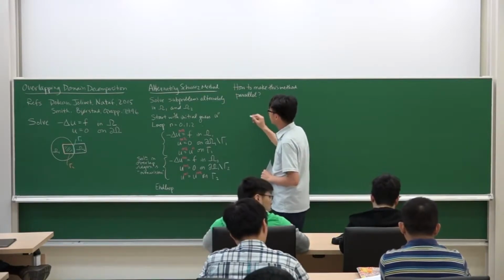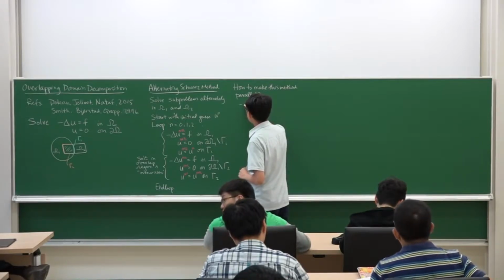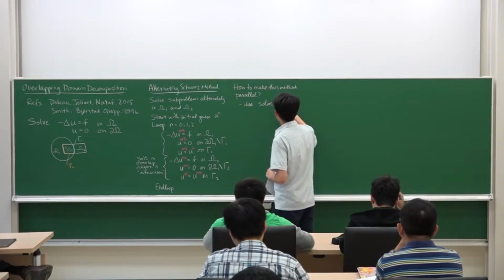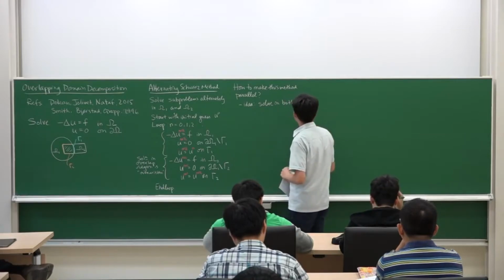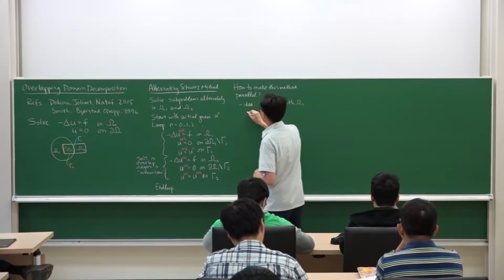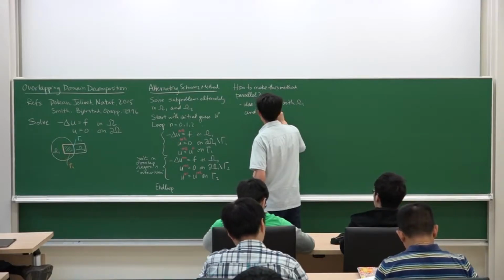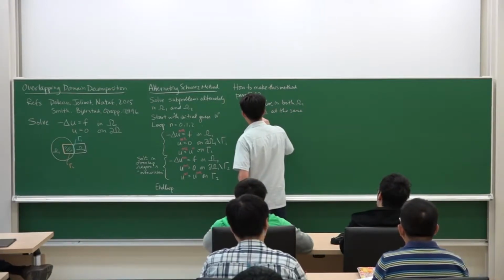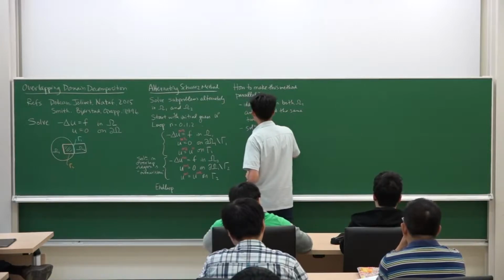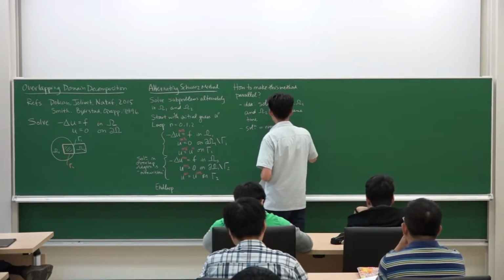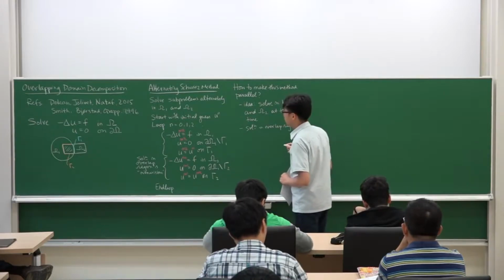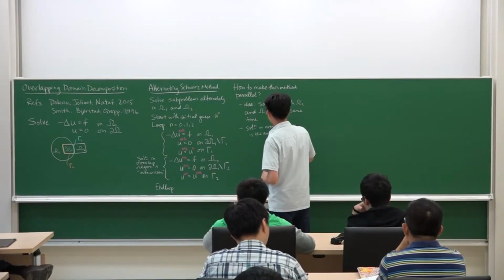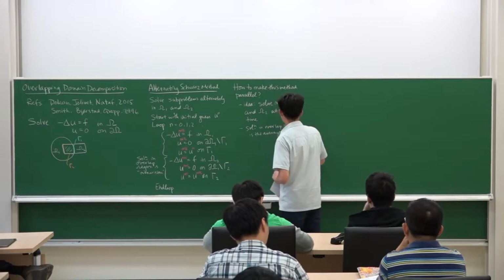So how do we make it parallel? The idea is to solve in both omega 1 and omega 2 at the same time, and then the solution in the overlap region is the average of the two solutions.